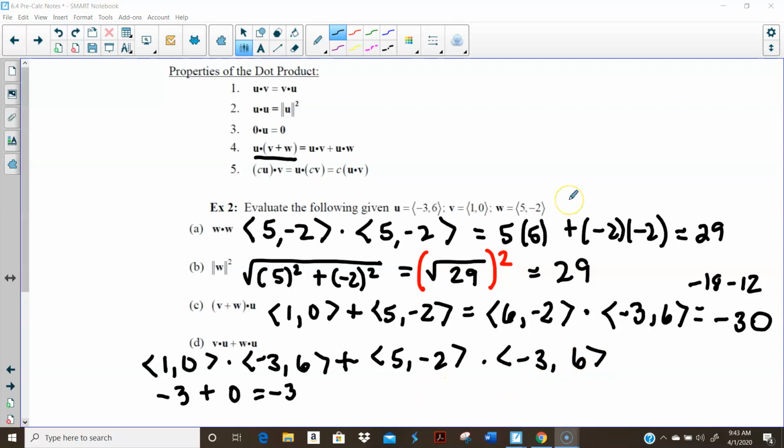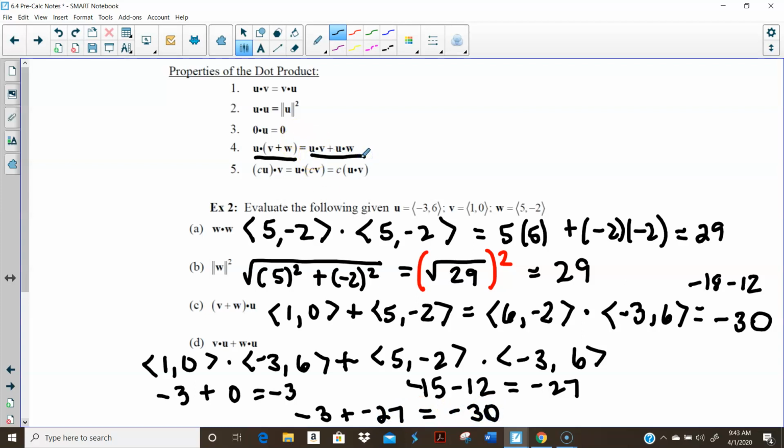That's going to give us 5 times negative 3, which is negative 15, plus negative 2 times 6, which is negative 12. And negative 15 and negative 12 is negative 27. We're going to add those two dot products together. So negative 3 plus negative 27 equals negative 30. So you can see that the left side on number 4 was equal to the right side.